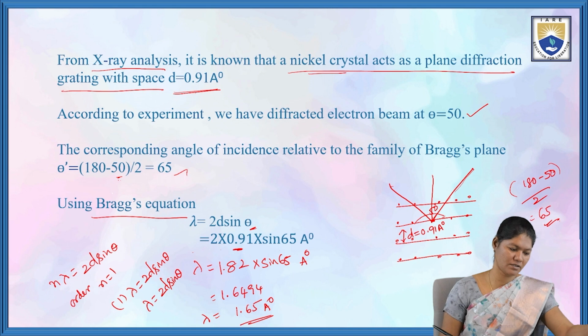Here the value of sine 65 is equal to 0.9063.